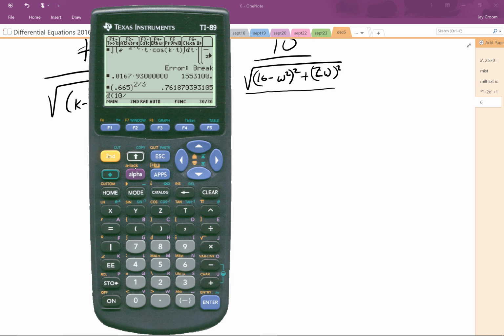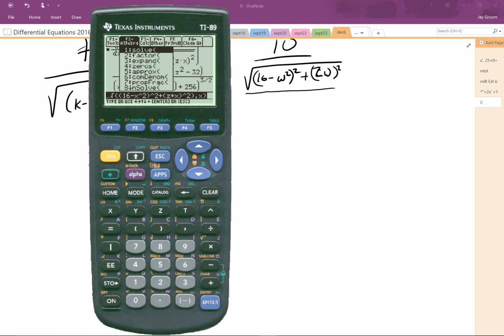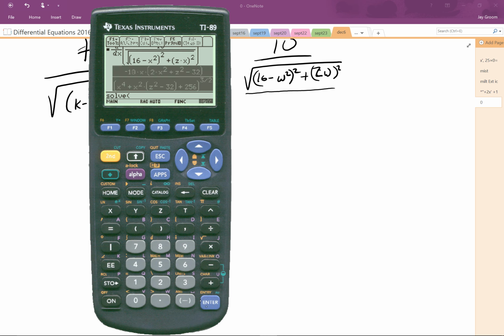The derivative of the square root of 16 minus x squared plus z times x squared with respect to x. Boom. Cool. And then what I'm going to do is set this baby equal to 0, and I'm going to solve for x.